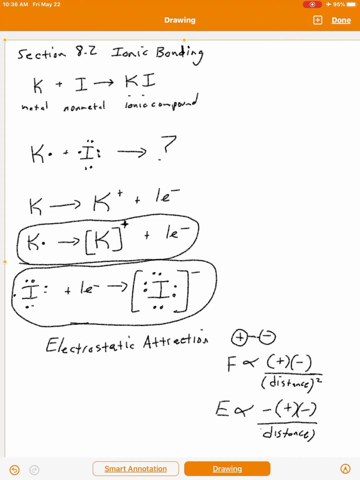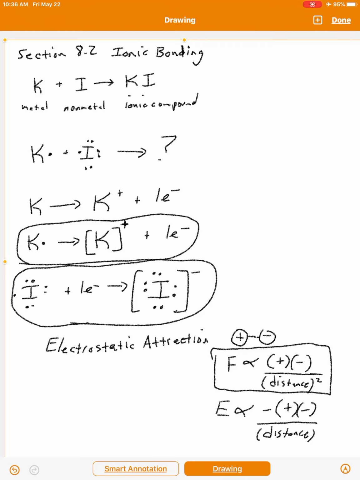Not distance squared, just distance. Okay, so these are related quantities. Force and energy are related, but they're not the same. In this discussion, we're focusing primarily on force of attraction as opposed to the energy of attraction. We go back and forth when we analyze chemistry.